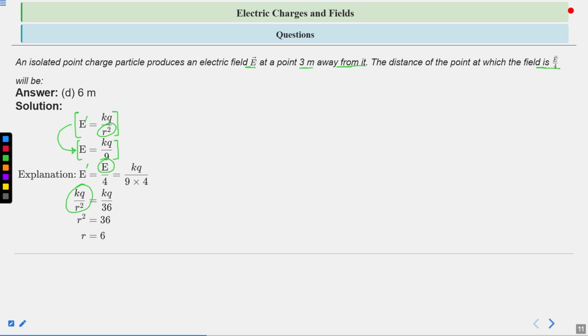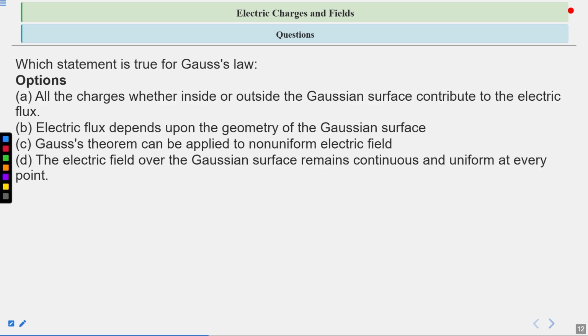So KQ by R square is equal to KQ divided by 36. So R square is equal to 36. So R equal to 6. So here we have to find out the R.